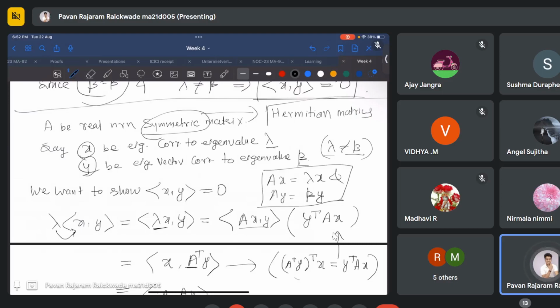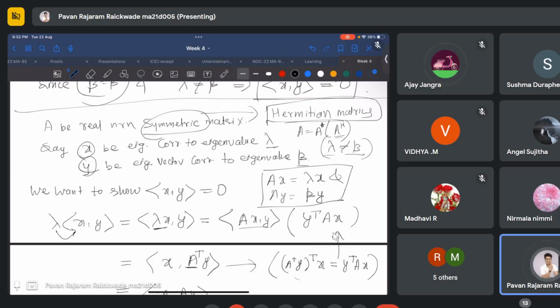In complex matrices you also have symmetric matrices, but those need not have real eigenvalues. But if you consider Hermitian matrices, those always have real eigenvalues. Hermitian means A is the same as A star usually, but in the course I think they call it AH.